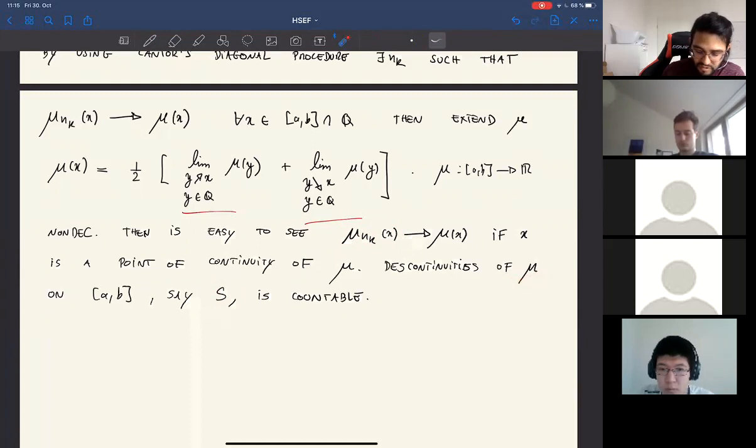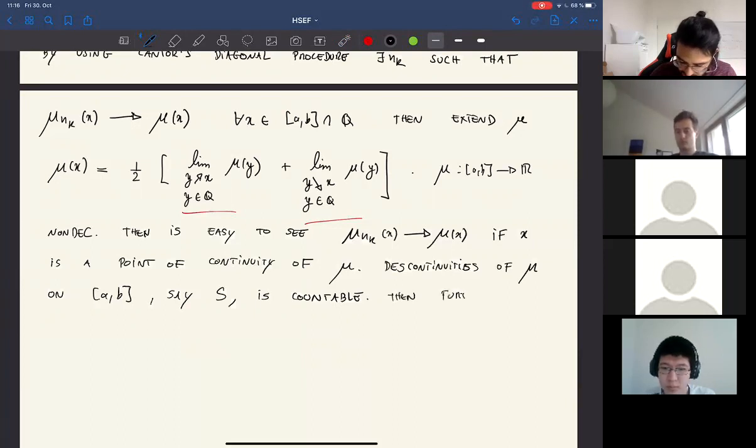So redefine mu on the set S as this limit. Now the subsequence will still converge to mu at the continuity points of mu, but on this set it is now converging as well, so it will converge for every point. Then you have to show that by doing that, you won't be changing the continuity set of mu, et cetera. I will leave you to finish the result here, because it's an easy exercise.